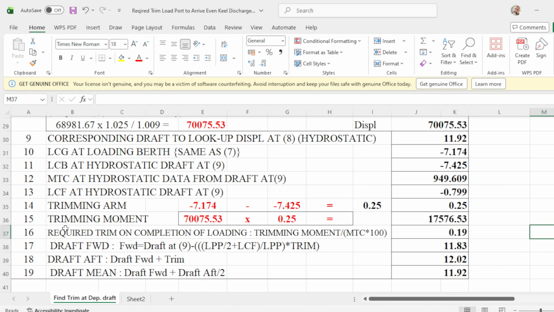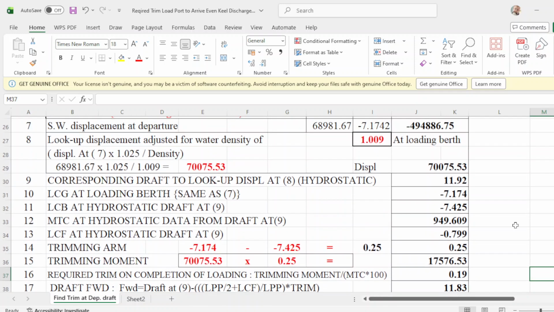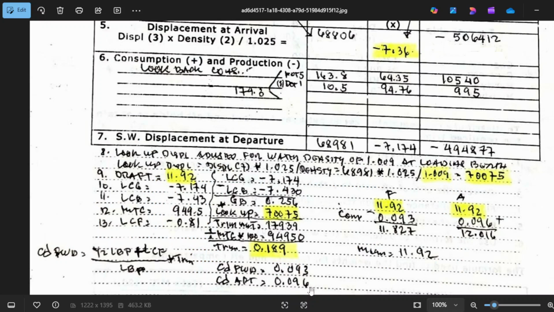Then number 15, trimming moment. Trimming moment is this displacement multiplied by trimming arm. That will be 175.7653. What will be the answer here? 176.